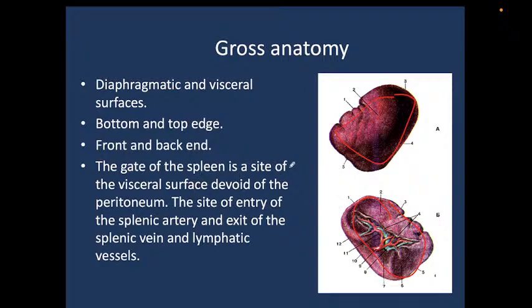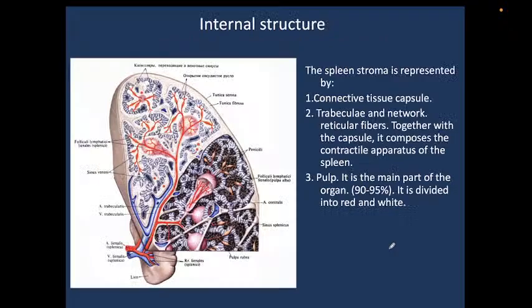It has bottom and top edges, and the place where all vessels come into the organ is called the gate, or in Latin, hilus splenic. As you see, the splenic artery enters the spleen, and the blue vessels called splenic veins come out of this organ.